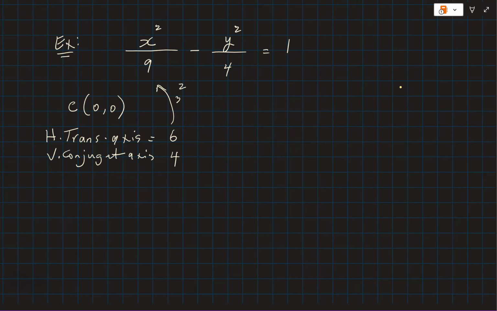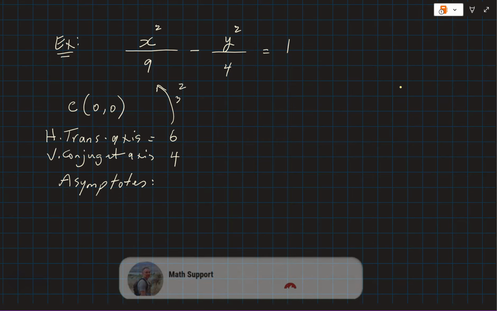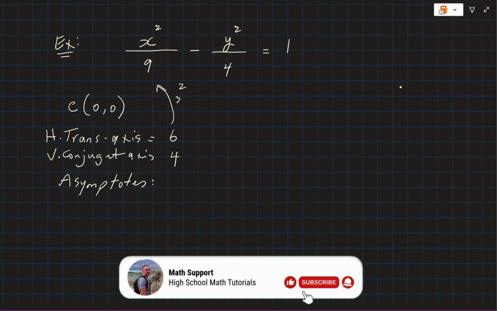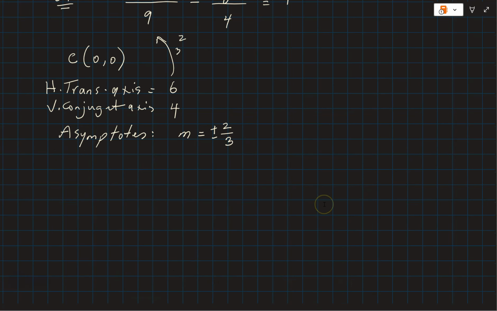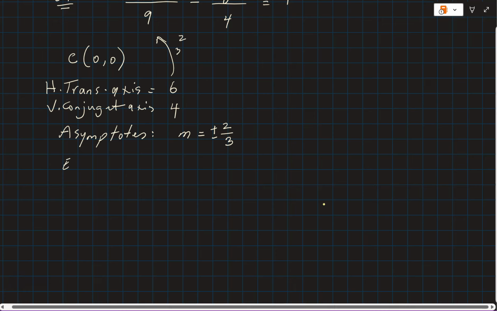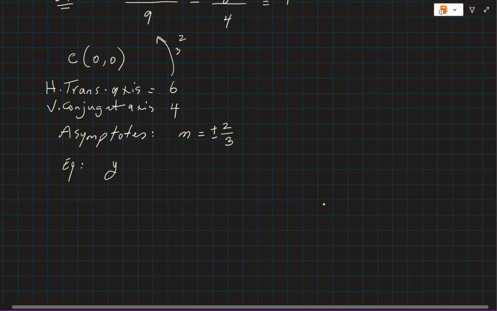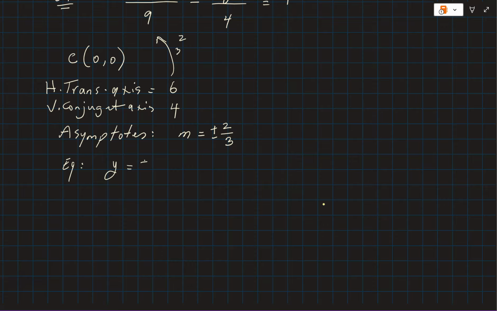Okay, so we have those two. The slope of asymptotes and then the equation of them is rise over run. So the slope m is equal to 2 over 3, and it is plus or minus 2/3, and then the equation of both asymptotes, the equation of the lines, if you remember, is y equals plus or minus 2/3 times x minus 0, plus or minus k, which is 0.